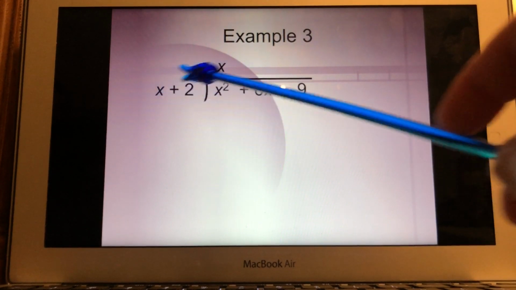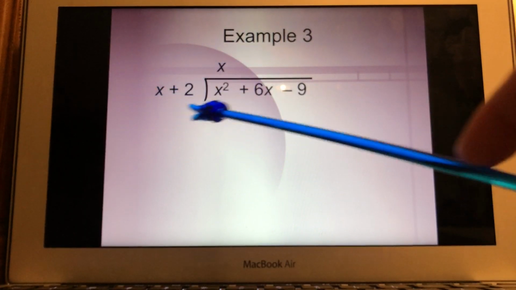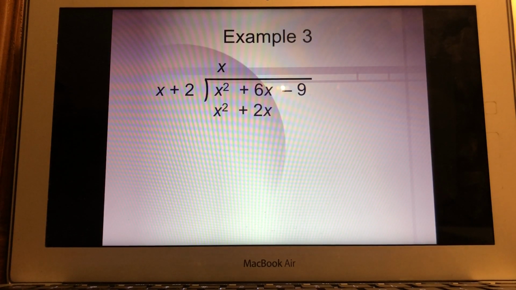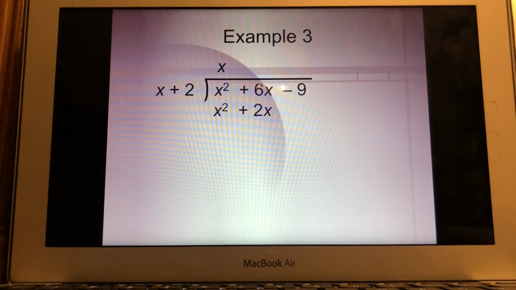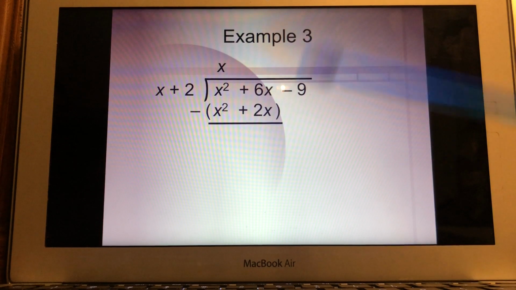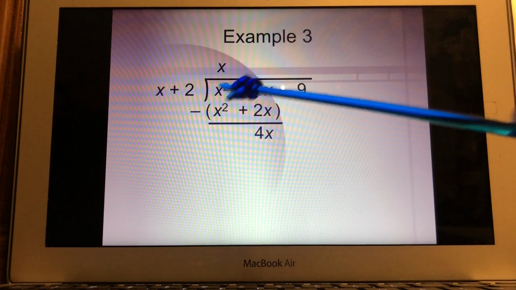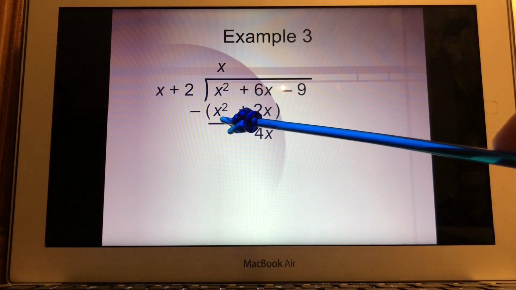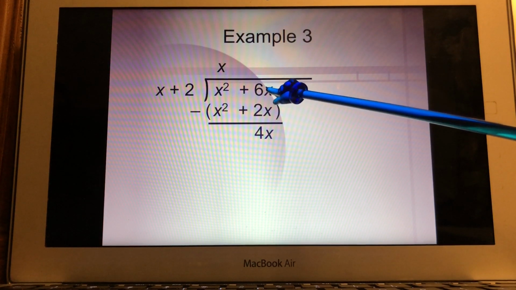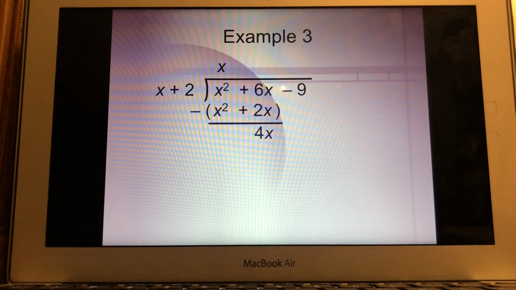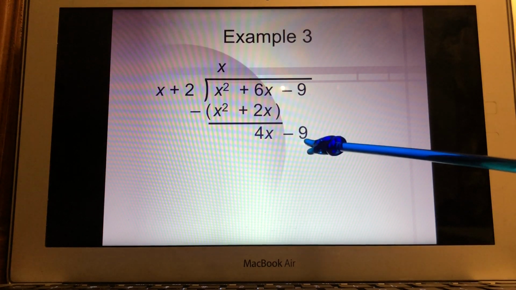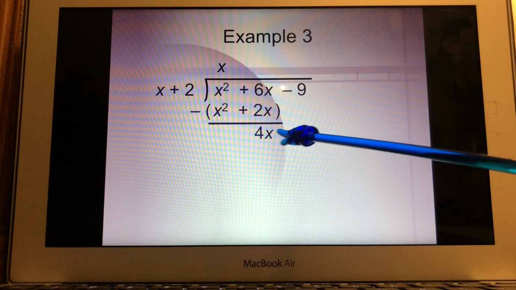That was going to be x, right? So x times x gives me x squared. 2x, I get 2x right here, okay? And then I'm going to subtract those, right? So this x squared minus x squared gives me 0, right? 6x minus 2x gives me what? 4x. And then I'm going to bring the minus 9 down.